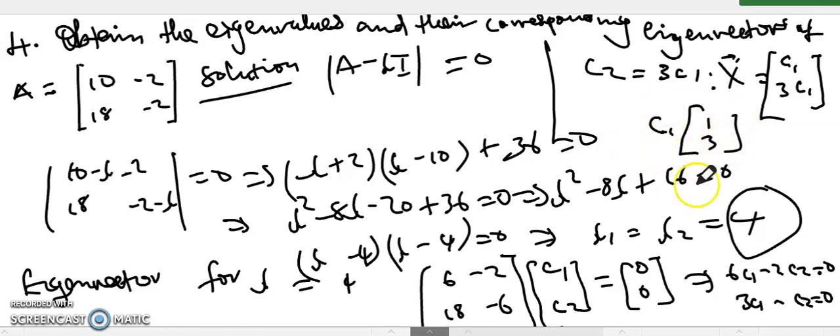So what is the eigenvector for lambda 4? The eigenvector for lambda 4 is equal to 1, 3. And this is how you can obtain the eigenvalues and their corresponding eigenvectors.